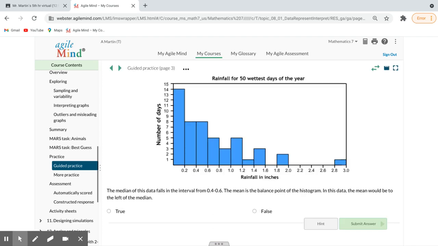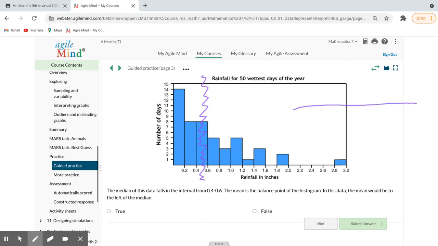All right. Would you read this one for us, please, Sophia? The median of this data falls in the interval from 0.4 to 0.6. The mean is the balance point of the histogram. In the data, the mean would be to the left of the median.